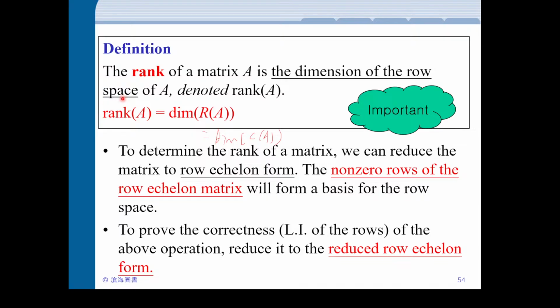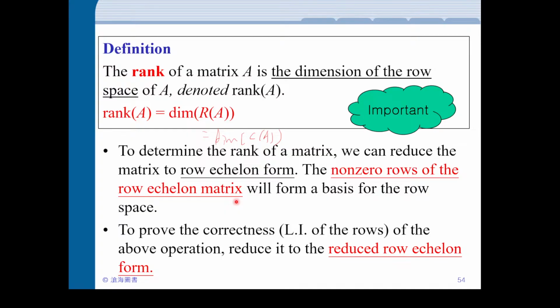Anyway, the dimension of the row space will be the rank. Here is just the definition, and down here we tell you how to find the rank of a matrix. You want to do Gaussian elimination to make your matrix into row echelon form or reduced row echelon form.